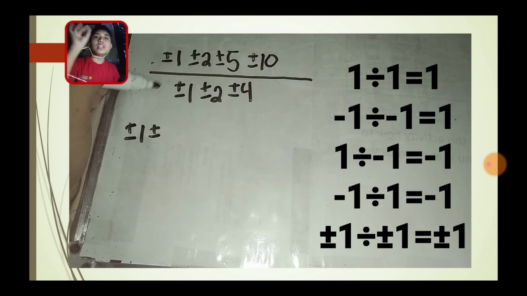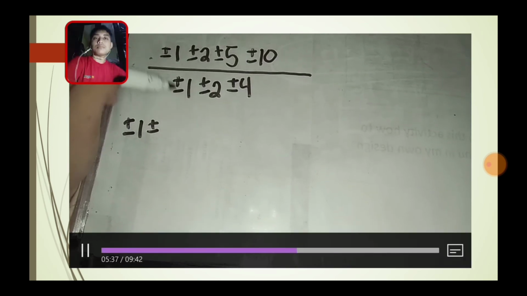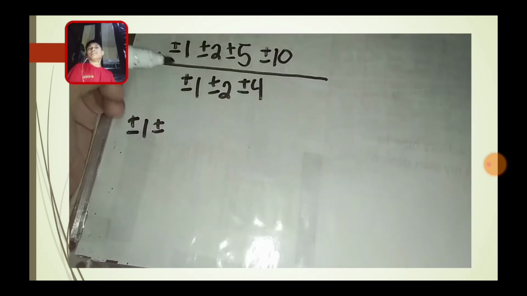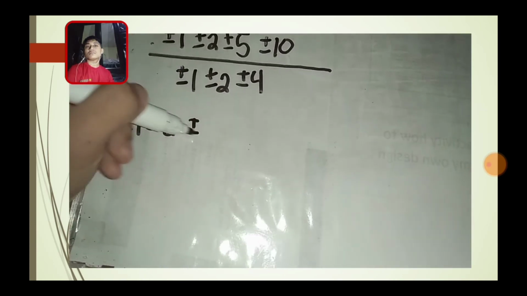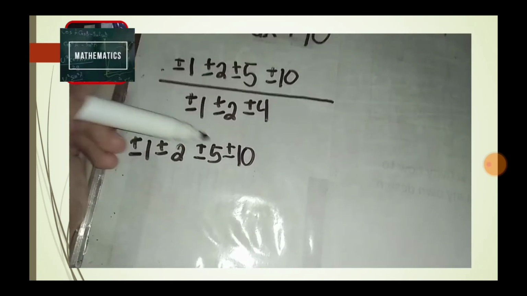Then, negative 1 divided by negative 1 is equal to positive 1. So, positive 1 divided by negative is equal to negative. Clarification: we divide by terms first. So, we have positive negative 2, positive negative 5, then positive negative 10.